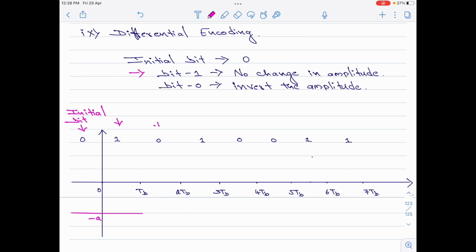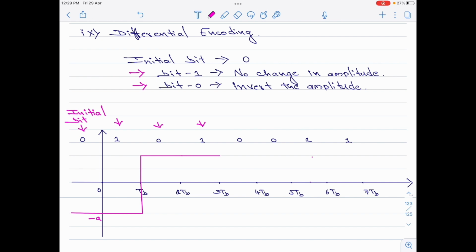The next bit here is a 0 and according to the convention, whenever a 0 appears, I have to now invert the amplitude. So, previously I was transmitting -a, so I have to now change it to +a. This I have to transmit for the next 1 bit duration. The next bit is 1, so I have to now continue transmitting the previous amplitude for the next 1 bit duration.